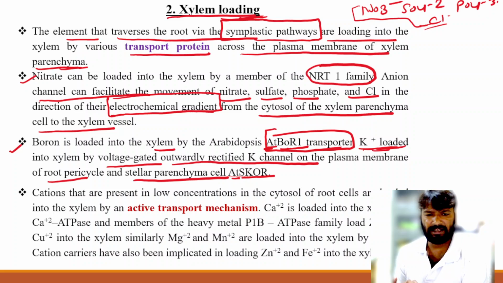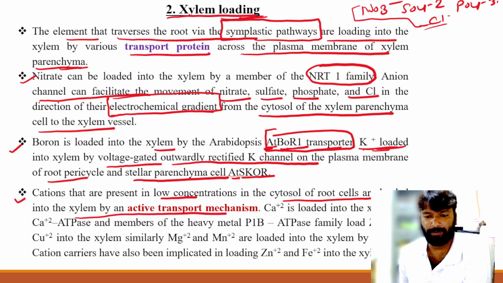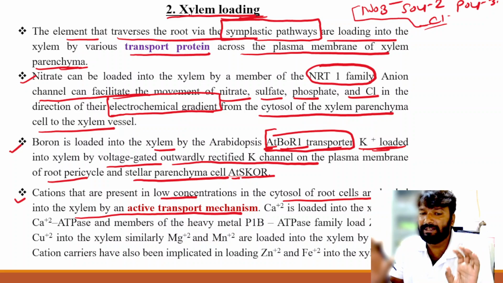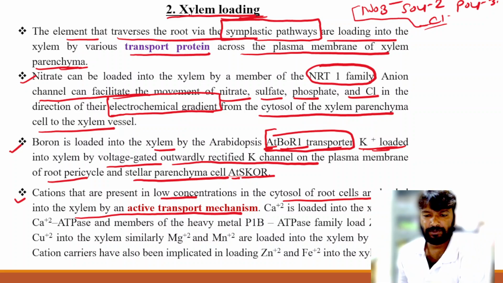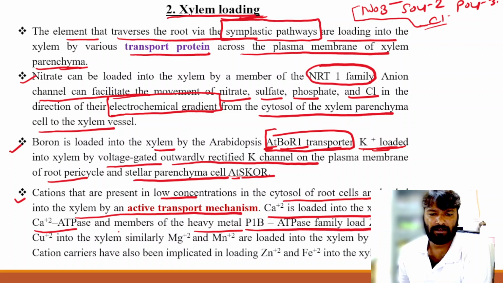Okay, तो clear है. Next, cations that are present in low concentration in the cytosol of root cells are loaded in xylem by the active transport mechanism. तो बिल्कुल क्लियर है, जो भी चीज आपकी कम कंसंट्रेशन में प्रेजेंट होगी उसके लिए हमारा एक्टिव ट्रांसपोर्ट मैकेनिज्म की जरूरत पड़ेगी. ओके, सो calcium is loaded into the xylem by calcium ATPase and also the members of heavy metal P1B ATPase load the zinc and the copper into the xylem.